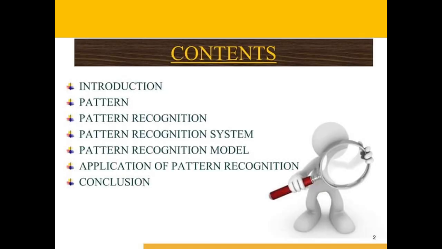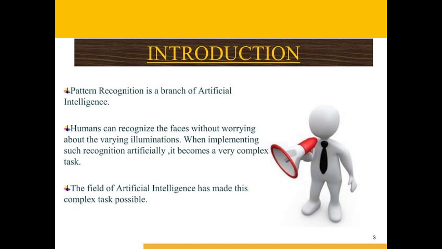Next we will start with pattern recognition, where we will see the important features. We know pattern recognition is an important branch of artificial intelligence, which is an emerging field today. Humans can recognize faces without worrying about varying illumination, because we have such intelligence.